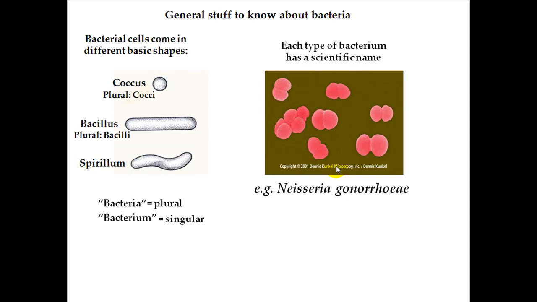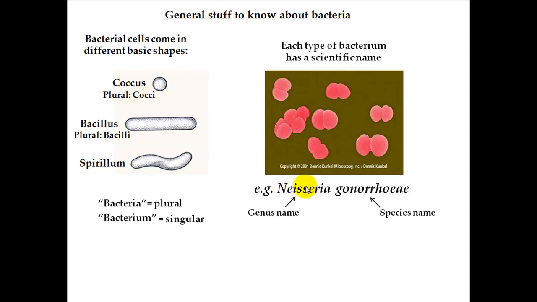It turns out that it's a Diplococcus. So you always see them in pairs. And so, again, we're taking a look at Neisseria gonorrhoeae as an example of how scientific names are written. Scientific names have two parts. The first part here is called the genus name. The second part is called the species name.